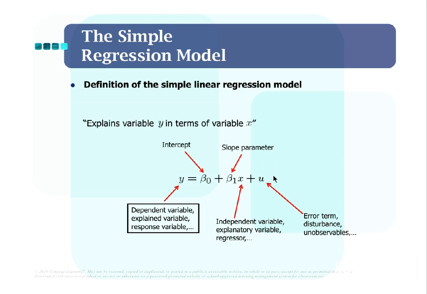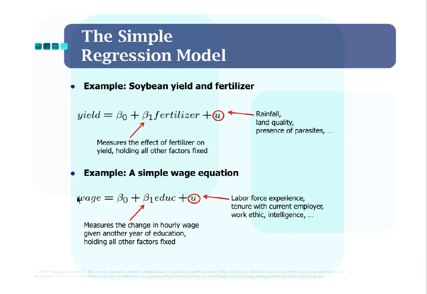So here we want to study the relation between y and x, and very typically in social science and economics, for example, in the wage equation example, except for education, there are many other factors that may affect wage. So this u may contain a lot of other variables. It can be labor force experience, tenure with current employer, work ethic, intelligence, and so on and so forth.